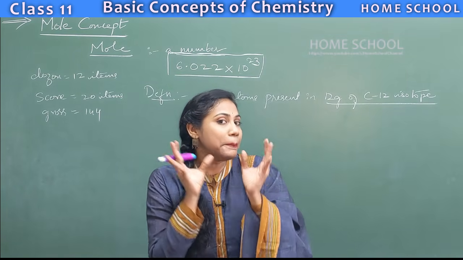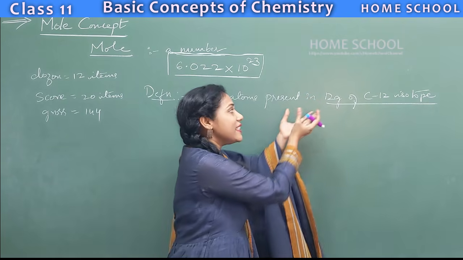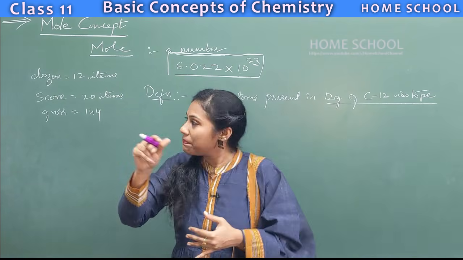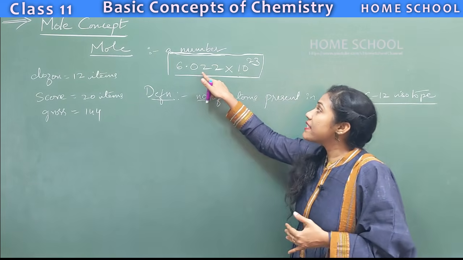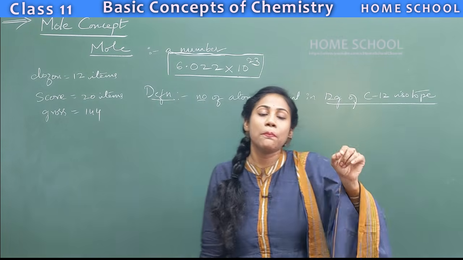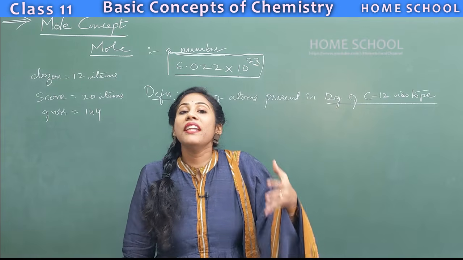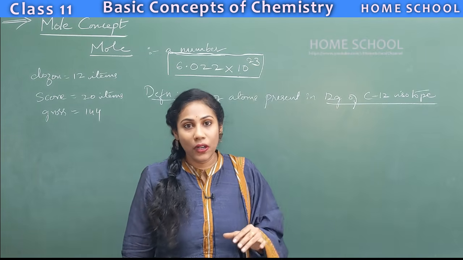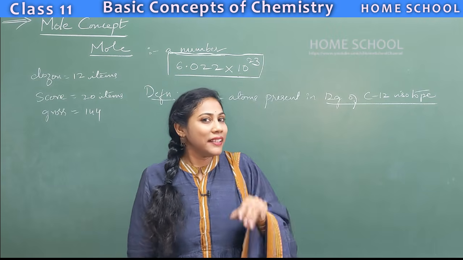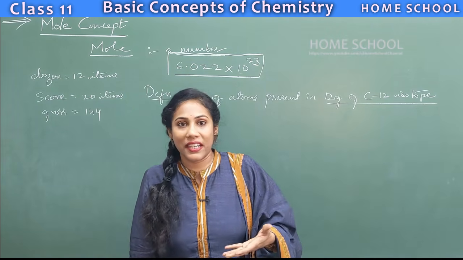So how many carbon atoms do you have in this 12 grams of carbon? It is 6.022 into 10 power 23. This is the most important number in chemistry, and this number we are calling a mole. You would be wondering why this number, what is the use of this big number in chemistry, right?